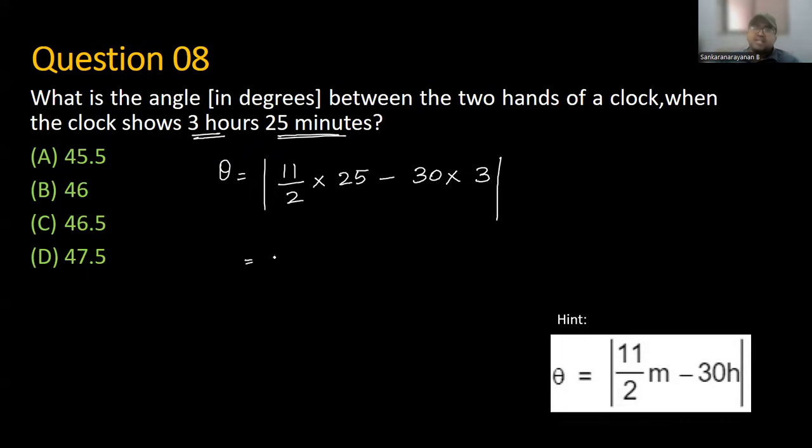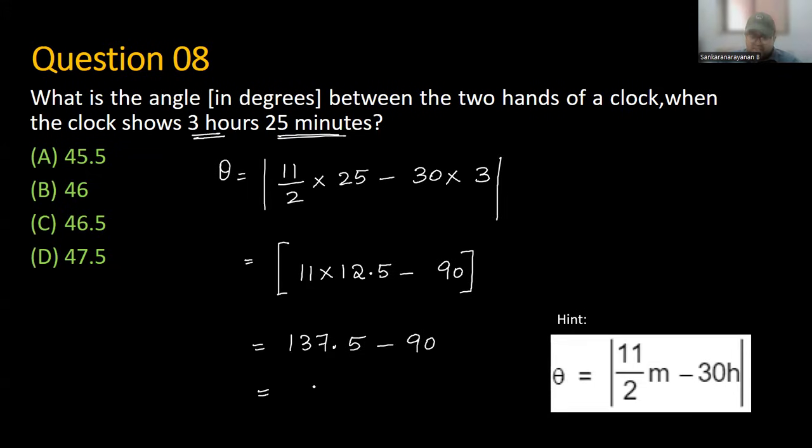So we can see on calculation, this will be coming. You have to take the absolute value. Okay, so that will be nothing but 11 into 25 upon 2, it is 137.5, minus 30 into 3, that is coming as 90. So this will be equal to 137.5 minus 90.